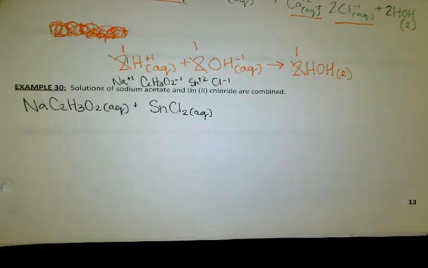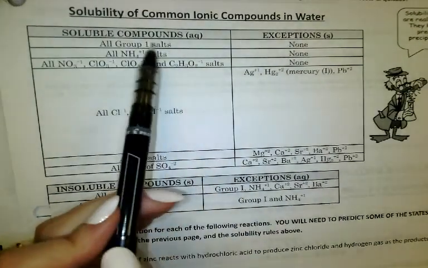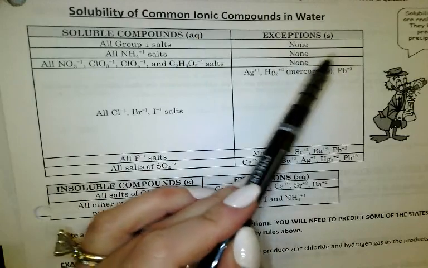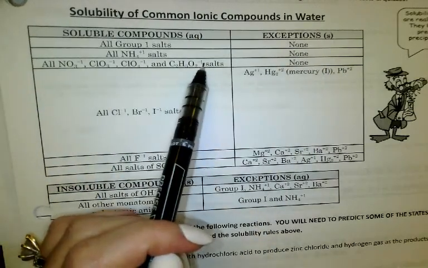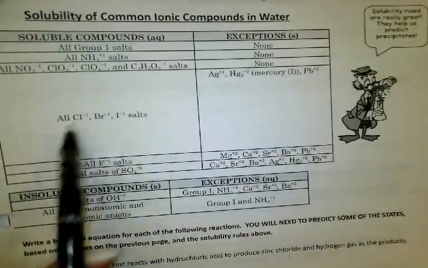We got a double whammy here. We got group 1 salts, always aqueous, no exceptions. Also, acetate, always aqueous, no exceptions. Okay, so they're both aqueous. Then tin(II) chloride, chlorine's always aqueous unless bonded with silver, mercury, or lead, and then it is solid, but it's bonded to tin, so it's aqueous.